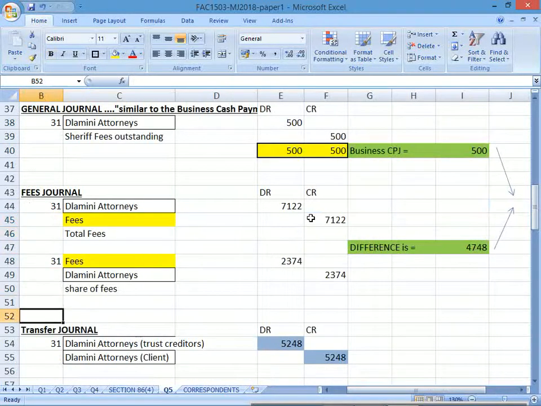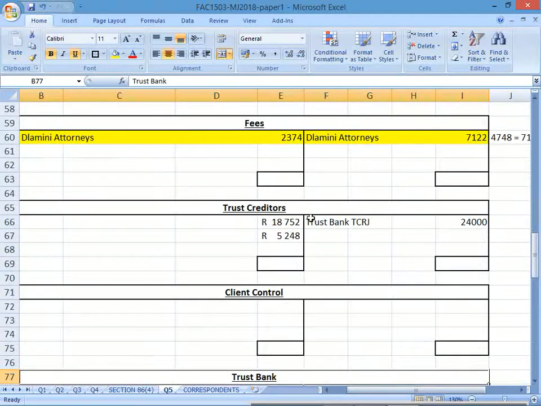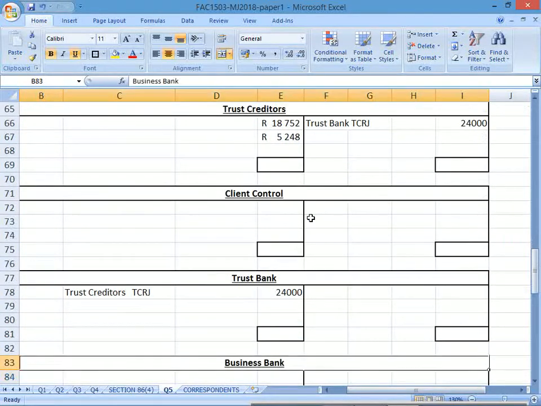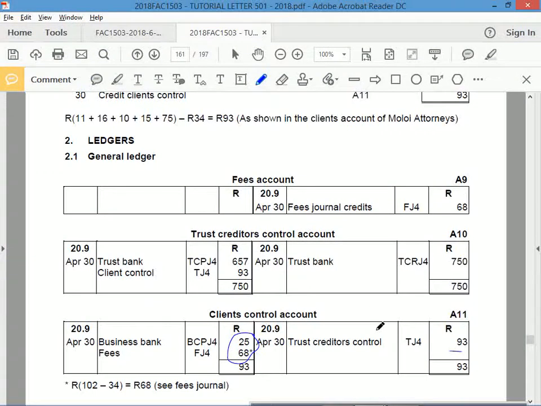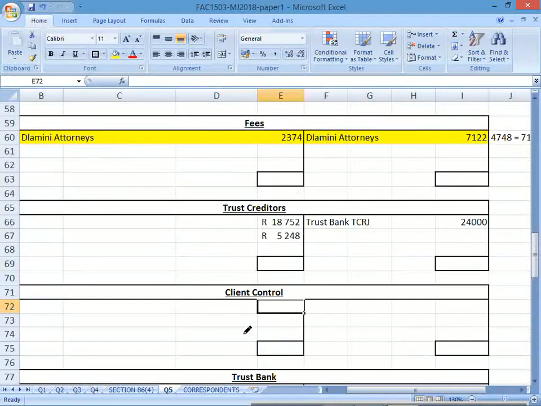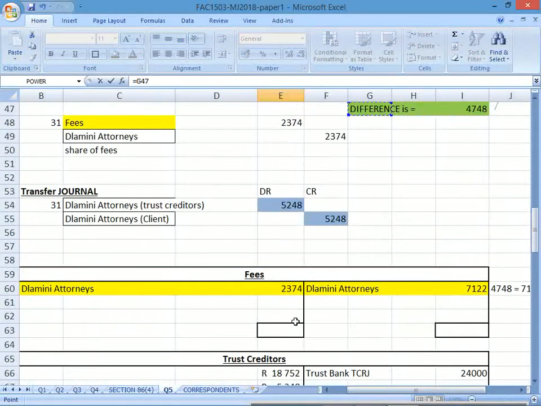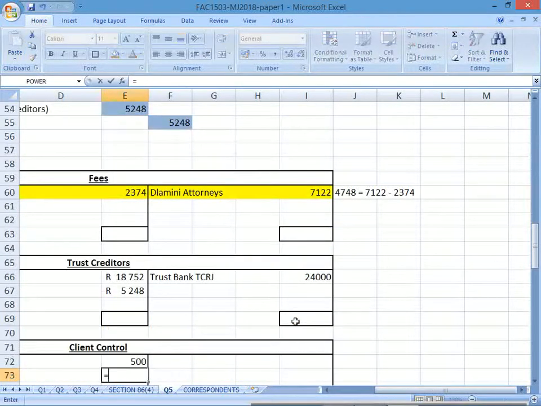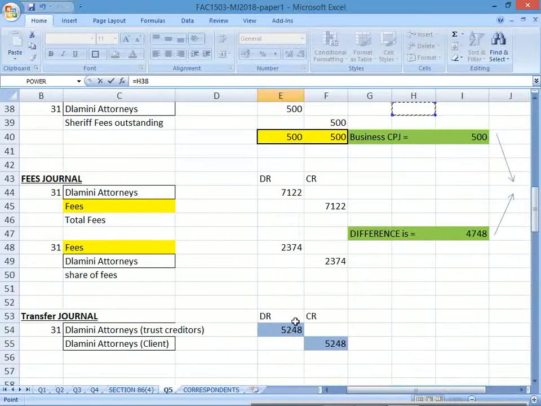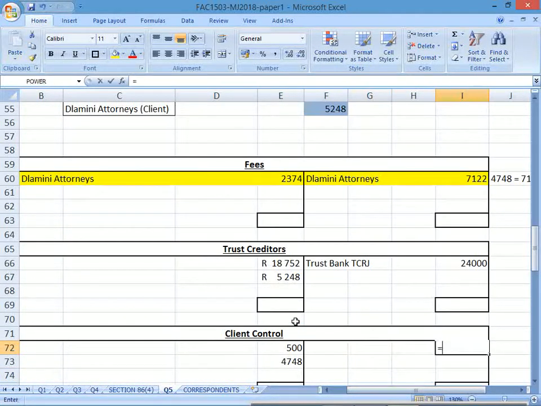Okay, yeah, so it was the 4748. Plant control. We're adding those two amounts to get the total. So this amount, 500, plus this amount, 4748. Total, sum up the two.